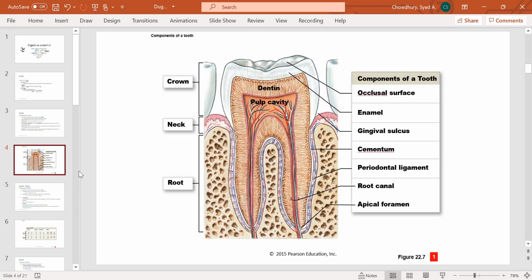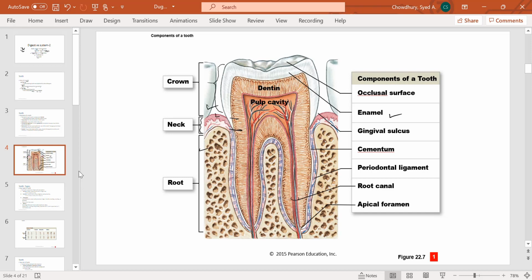So if you see here in this picture, on the left side, you see this part that we can see from outside. The exposed part of your tooth is the crown, right, which looks white because it has the white covering that is called enamel. And then the next part is the middle portion that connects the crown and the root, and this portion is called the neck of your tooth.